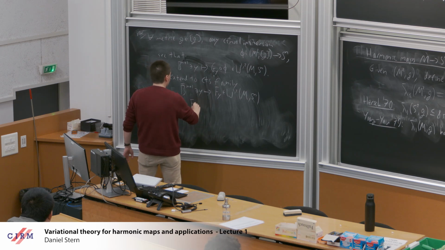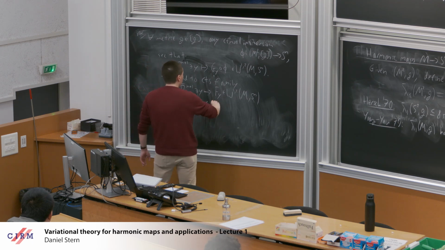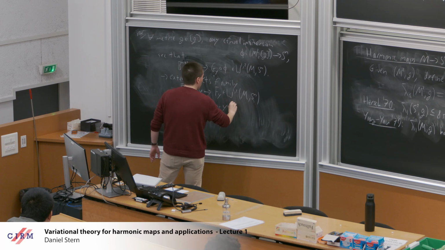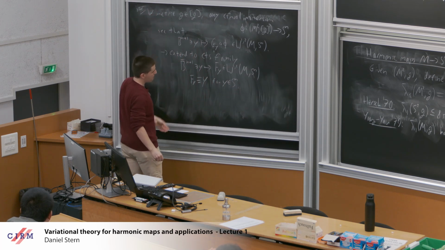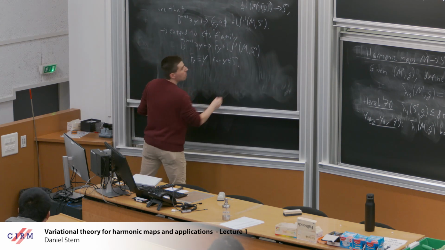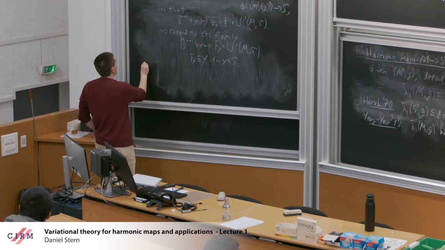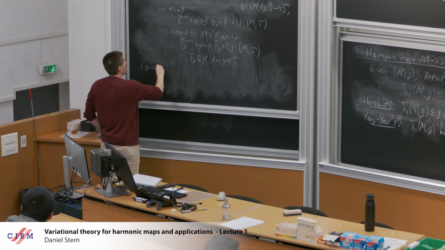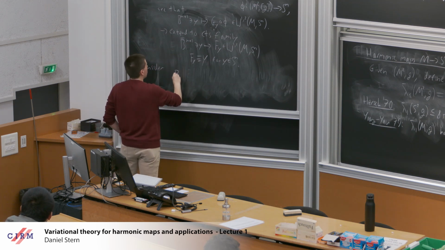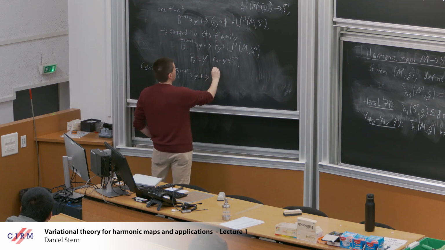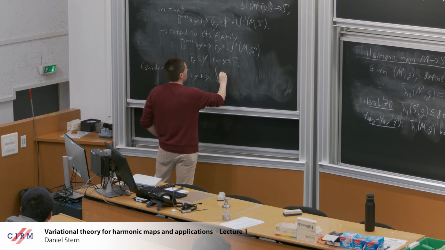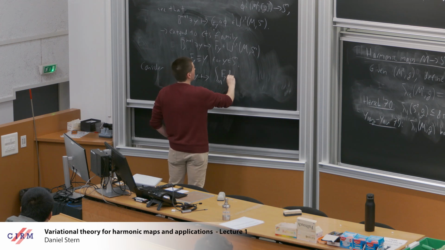So where f_y is equivalent to y for y in the boundary sphere here, right? Okay, but now let's just consider the map sending the closed ball B^(n+1) into B^(n+1), which takes y and sends it to the average of f_y.